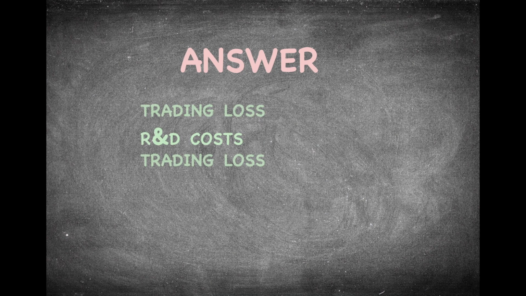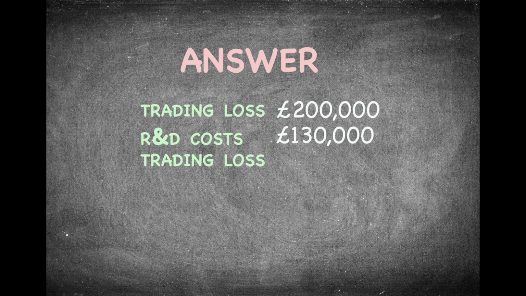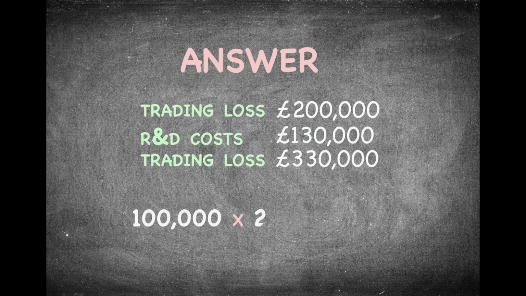The answer is, well, the trading loss is £200,000. The R&D tax cost of £100,000 is uplifted to £130,000, and therefore the trading loss is £330,000. The R&D tax cost is uplifted to £230,000. So you tell me, what's lower, 230k or 330k?